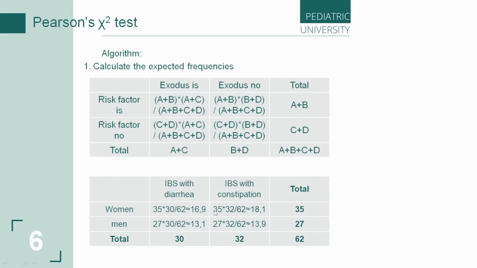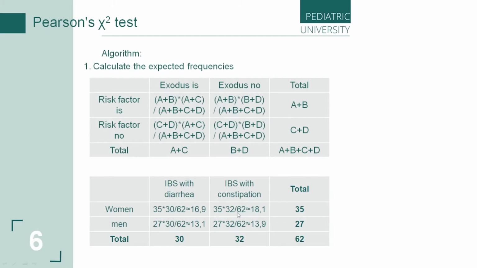In women with constipation, again, A plus B multiplied by B plus D and divided by the grand total. So 35 multiplied by 32, which is B plus D, and divided by the total number of observations, 62. The answer will be 18.1.